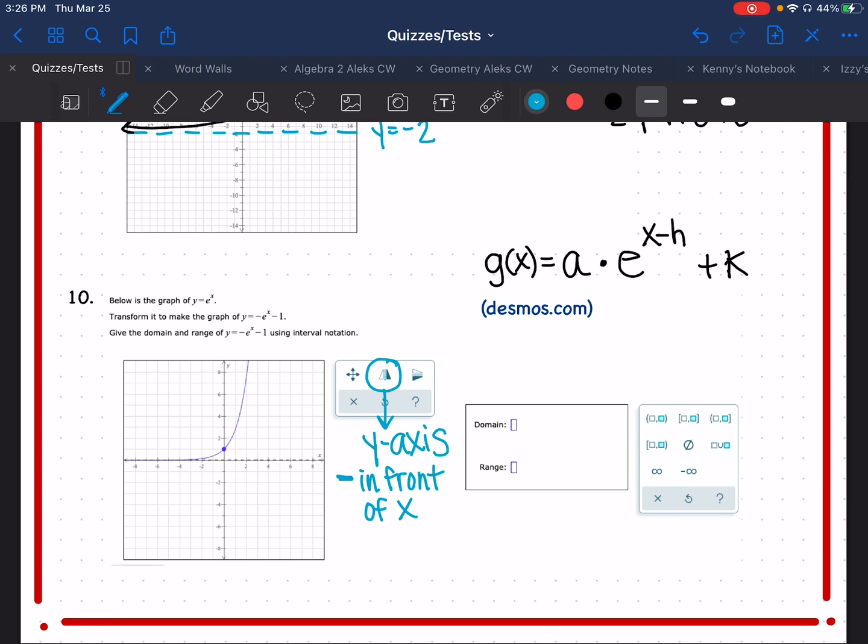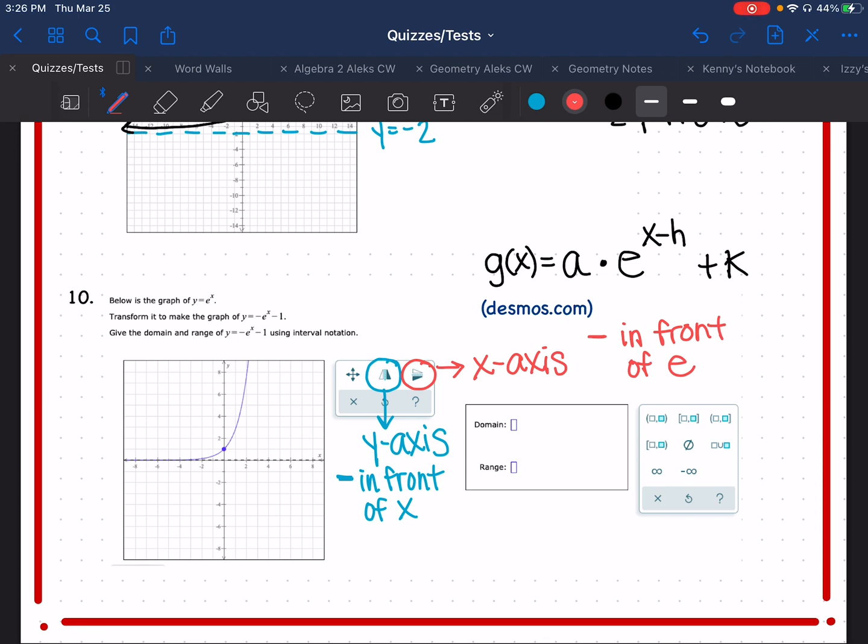Okay, right here. This one right here is going to flip your graph over the x-axis. Well, how will you know to flip this one? Well, if you have a negative in front of your E, of your number E, okay?